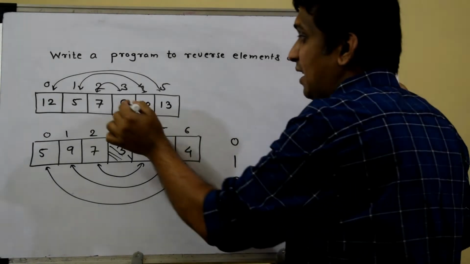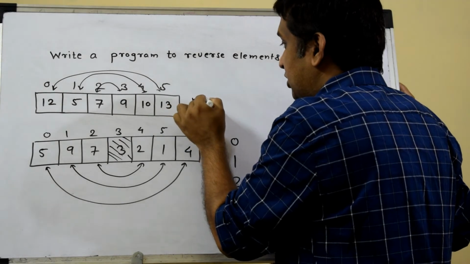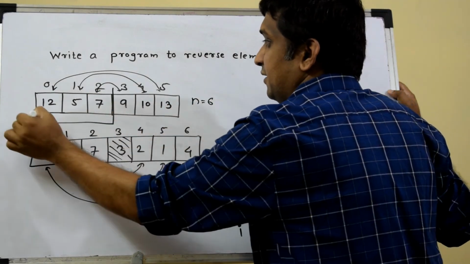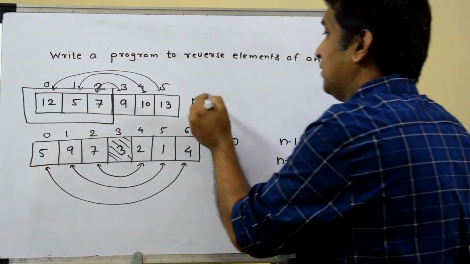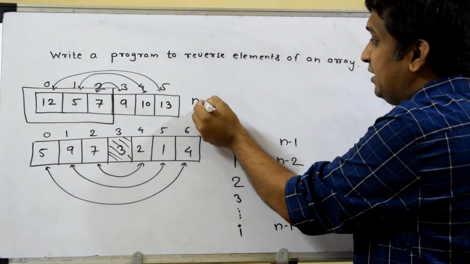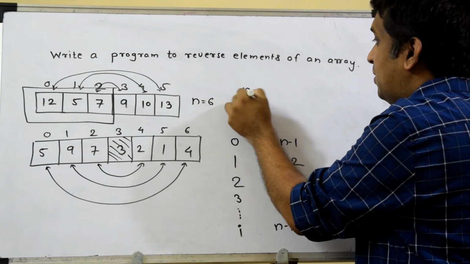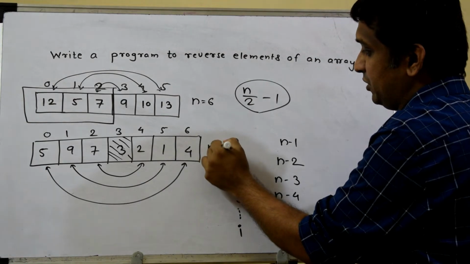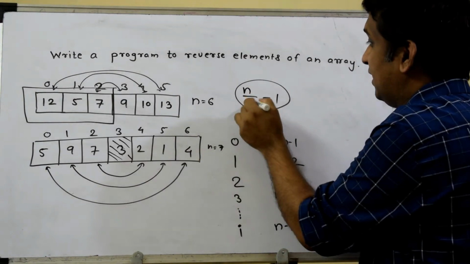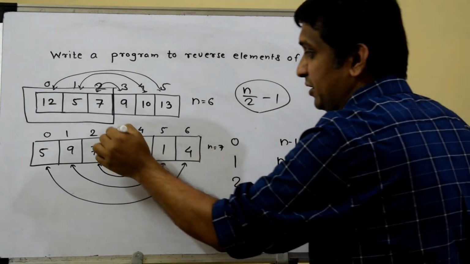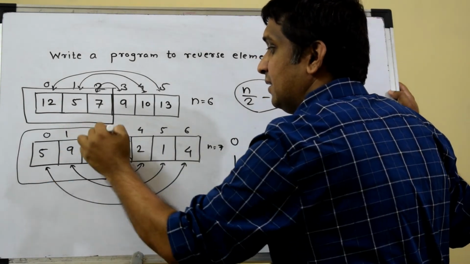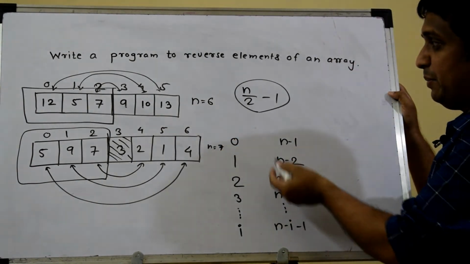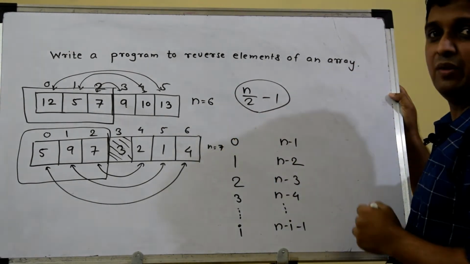Here the size of the array is 6, so I am doing it till second index. So I am doing it till n by 2 minus 1. Here also the size of the array is 7, n equals 7. So 7 by 2 will be 3, and 3 minus 1 will be 2. That means I am doing that till second index. So in general, I will perform the swapping till n by 2 minus 1.